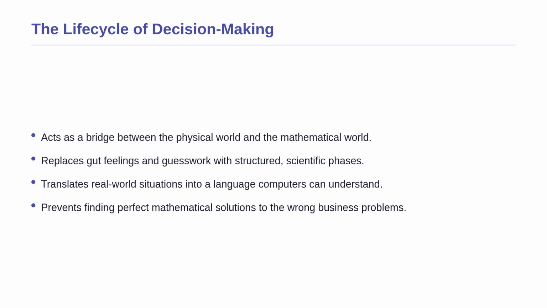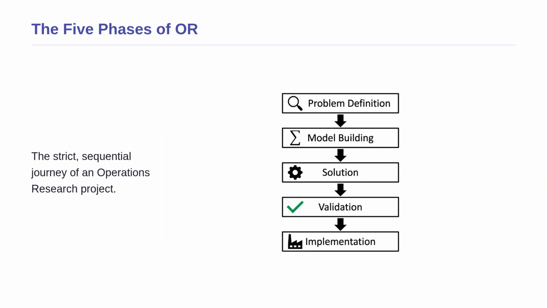The process begins by deeply understanding the real world situation and identifying exactly what needs to be achieved. From there, the situation is translated into a language that computers and mathematics can understand. By strictly following these phases, companies avoid the disastrous mistake of finding a perfect mathematical solution to the wrong business problem. Before we break down each step, let us look at the overall journey.